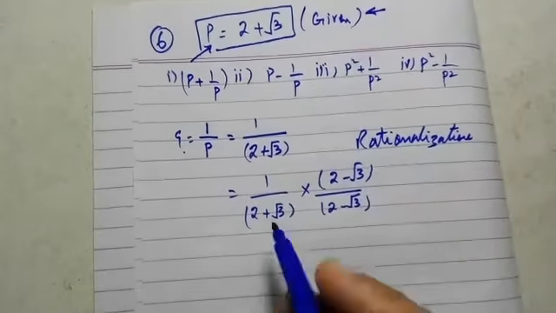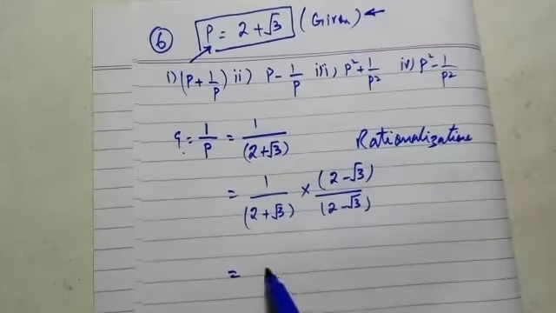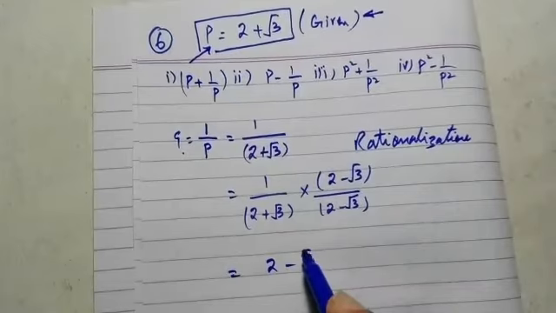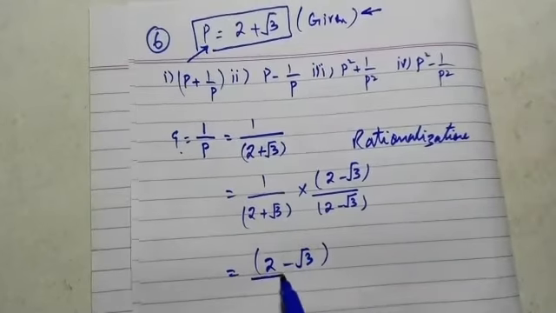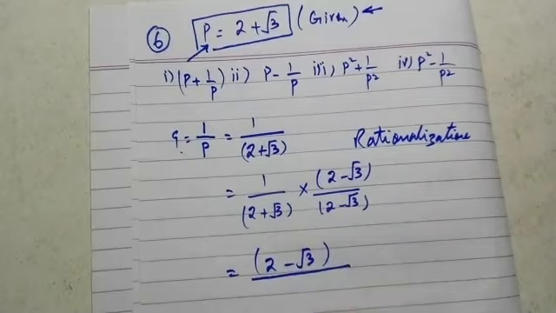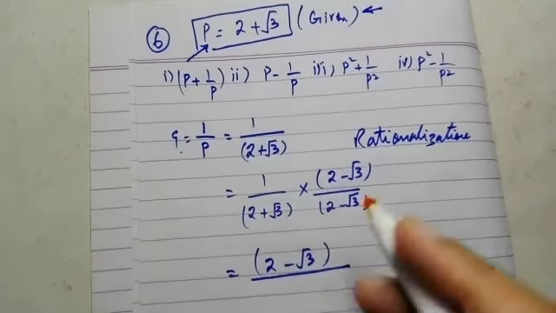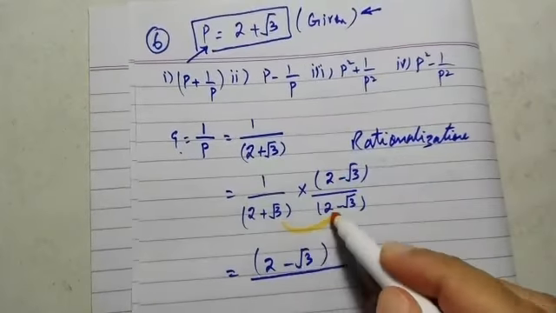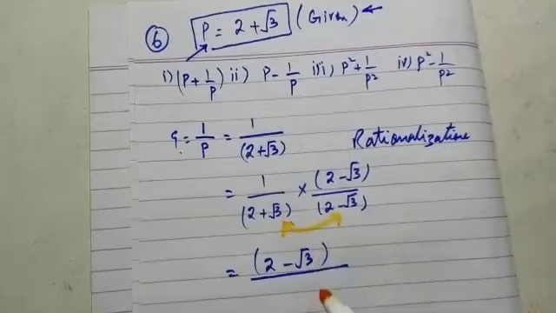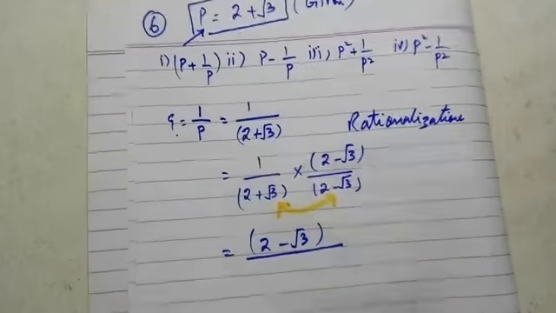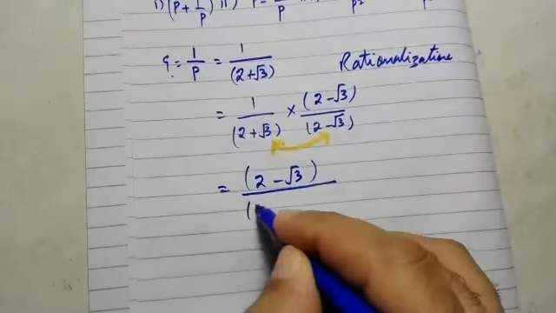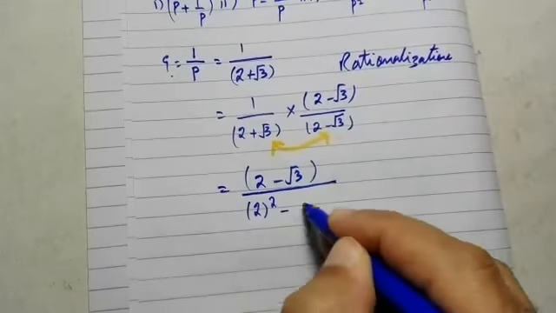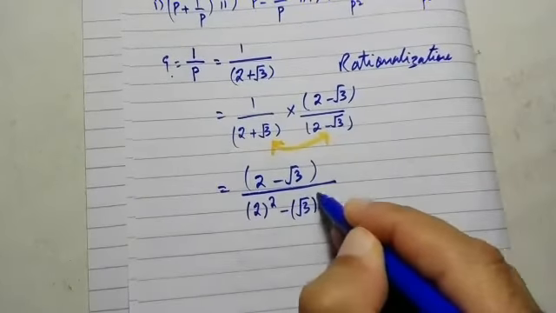So now we start with 2 minus under root 3. We are rationalizing, and in the denominator you will use a formula, the difference of squares, which we have used many times in exercise 4.4. To simplify the denominator, we write it as 2 square minus under root 3 square.